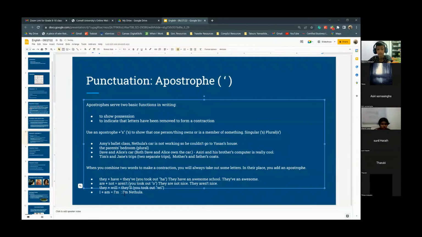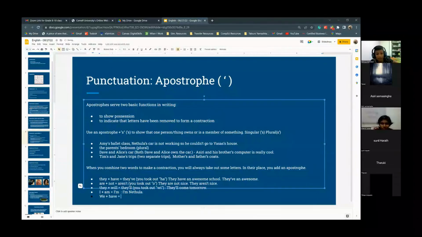Great job. Okay, can someone give me one more example of a contraction in the English language? "They will come tomorrow." So "they'll come tomorrow." All right. And can someone give me one more example? "We have a nice car." Yeah.